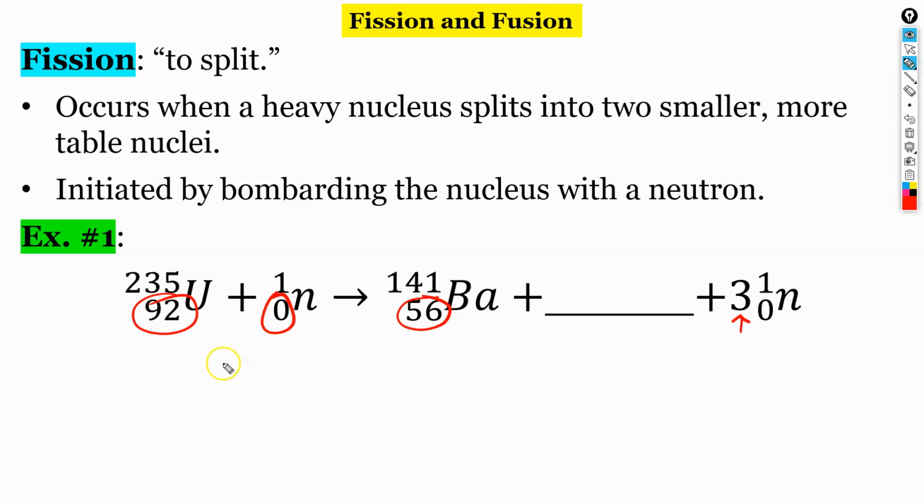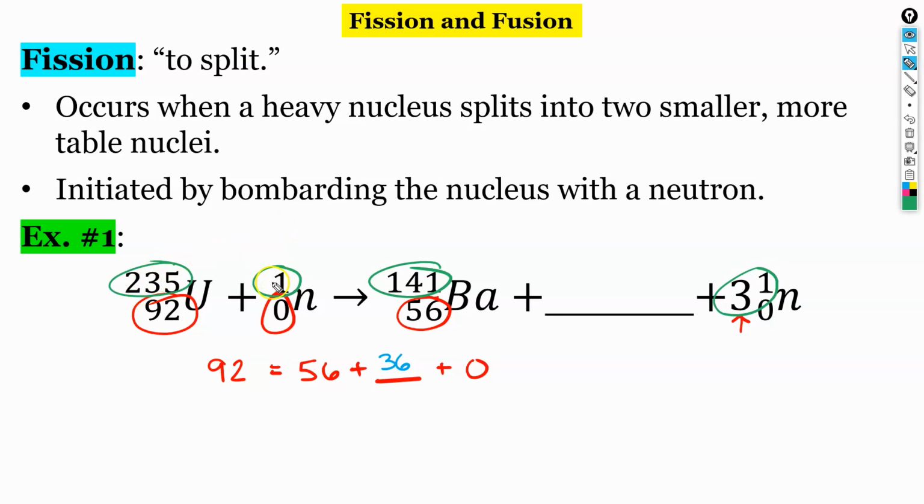So on the left side, we have 92. 92 plus 0 is still 92, equals 56 plus some number plus 3 times 0 is 0. So 92 minus 56 is 36. And let's do the same thing on the top. You've got 235 and 1, 141, and 3 times 1 is 3.